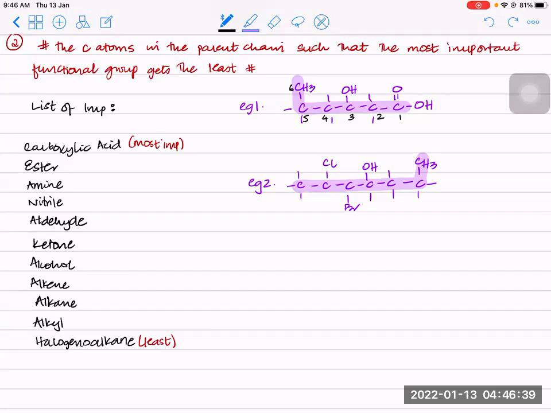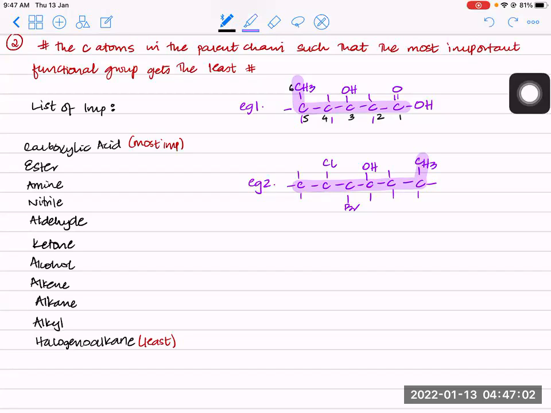So alcohol should get the least number. Now, wherever you number from, you see alcohol gets carbon number 4. If you number from this side, alcohol gets carbon number 4. If you number from this side, alcohol still gets carbon number 4.